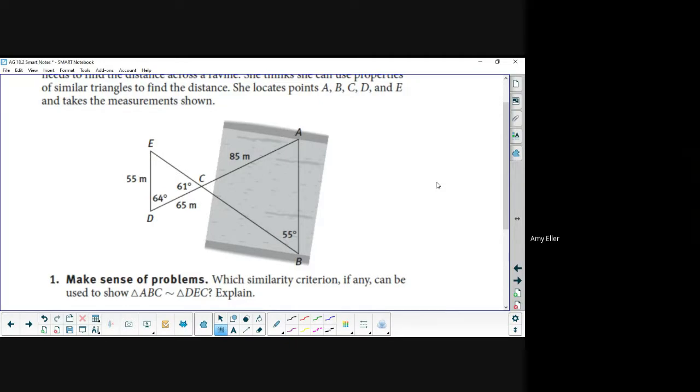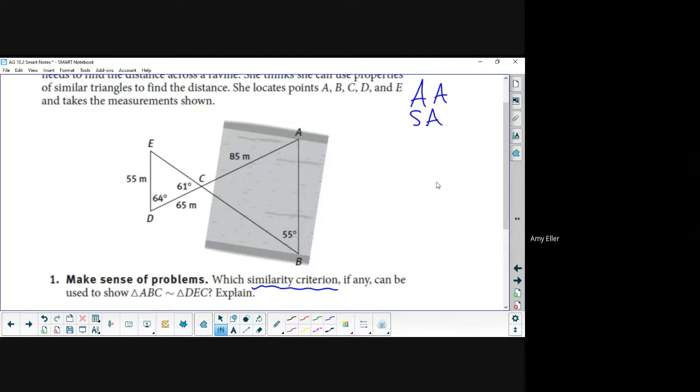Yesterday we talked about the similarity criteria or criterion. There were 3 of them. 3 ways to prove triangles are similar. They were at the top in a box. 3 ways. What were they? AA. Write these down, please. Your 3 options: AA, SAS.